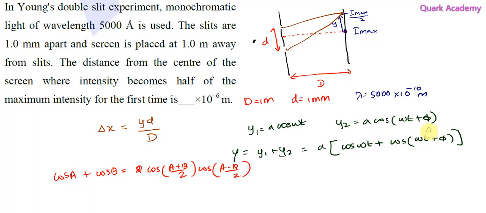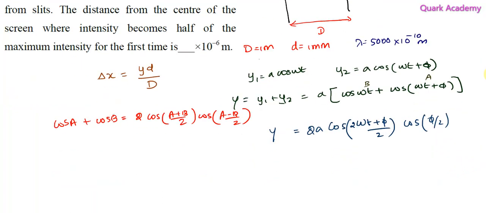Let's consider omega t plus phi as A, and this as B. So what do we get? We will get y equal to 2A cos of omega t plus phi by 2 and cos of phi by 2. So this is what we get.